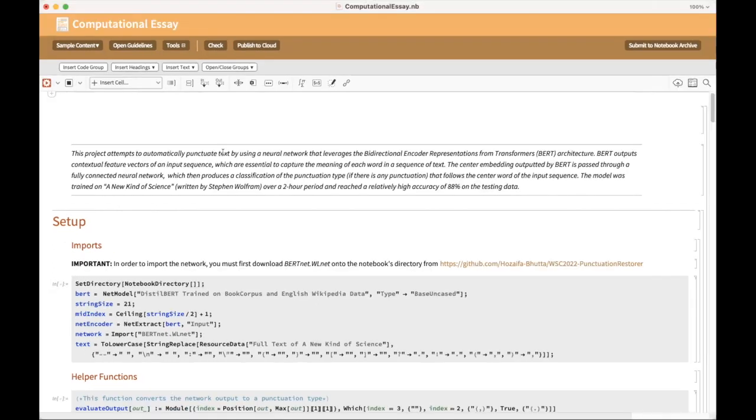Then the embeddings output by BERT are run through a neural network, which produces a classification of a punctuation type. This model was trained on A New Kind of Science, written by Stephen Wolfram, on a pretty powerful GPU over a 2 hour period. It reached a relatively high accuracy of 88% on the testing data.